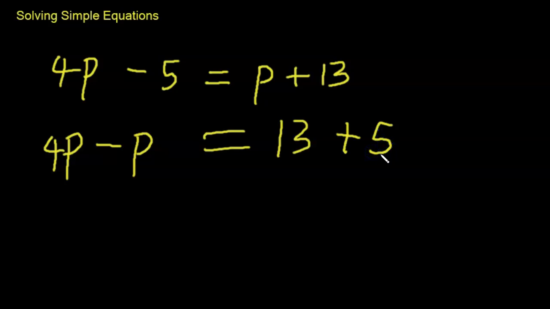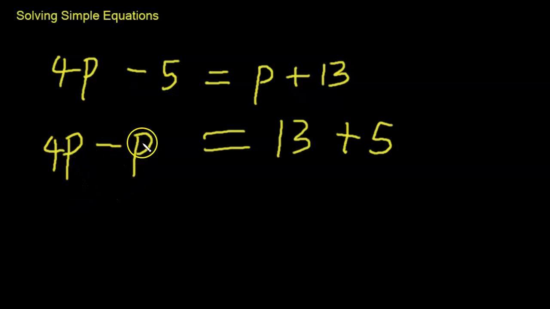So we group the like terms. We group all the terms with p on one side, and all the constants, as we call them, just the numbers, we put on the other side, the right hand side in this case. So you'll notice, if you want to look at it like that, positive 5 over here, negative p. But again, as I said earlier, add 5 to both sides, and you subtract p from both sides.